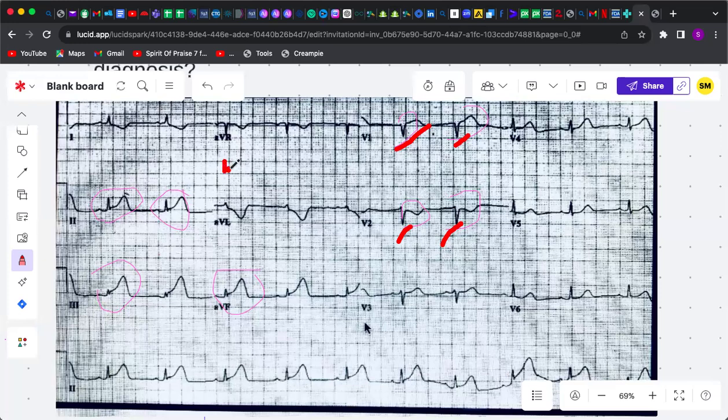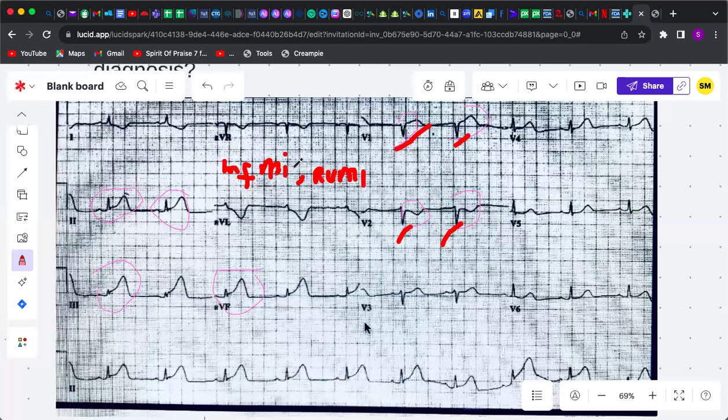But it's going to be an inferior MI, okay? You're going to have the inferior MI as well as a right ventricle myocardial infarction, okay? The RVMI as well. So that is going to be the full diagnosis.